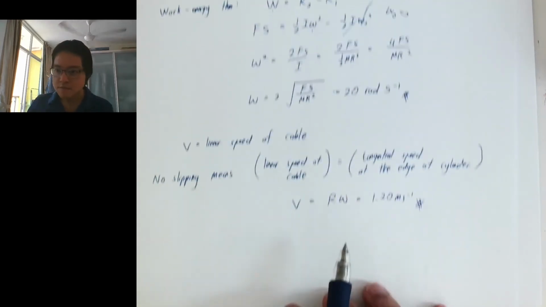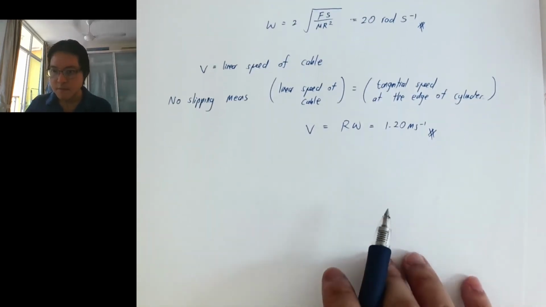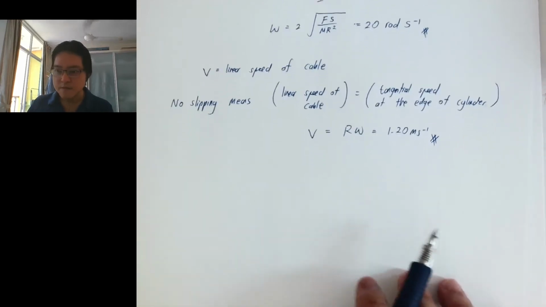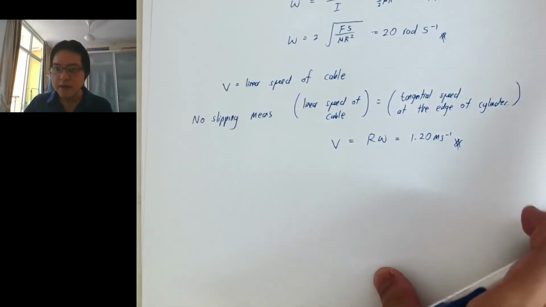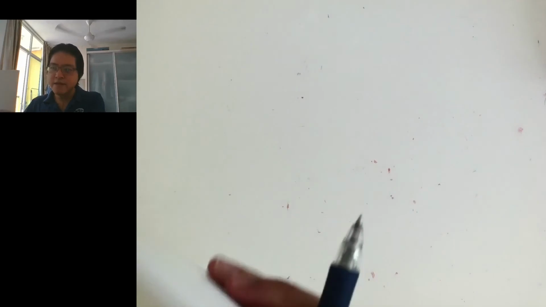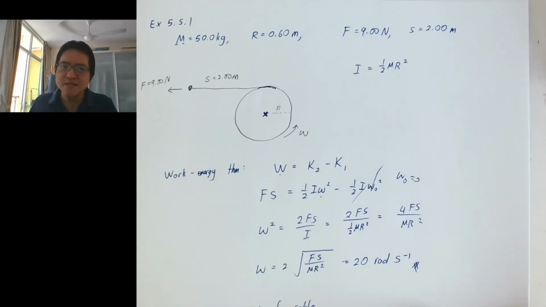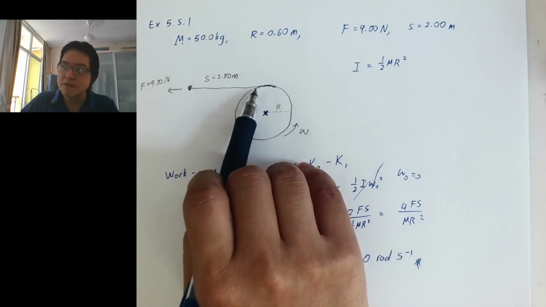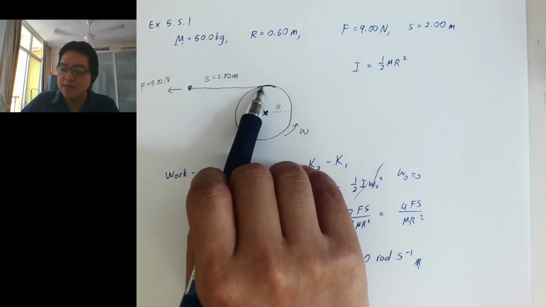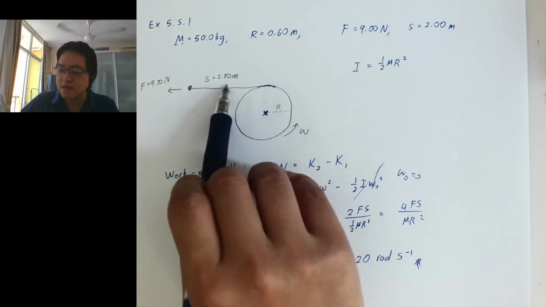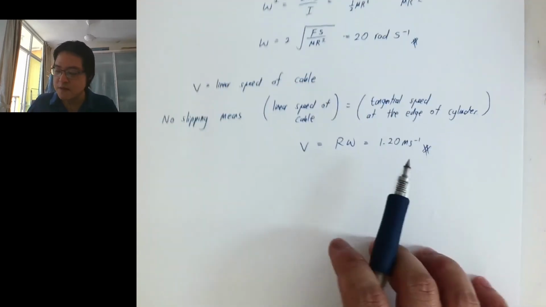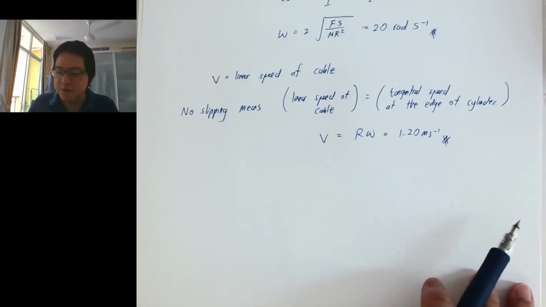That's why we set the question like that, because we seldom consider the friction at the axis. Sometimes we might, but most of the time no.